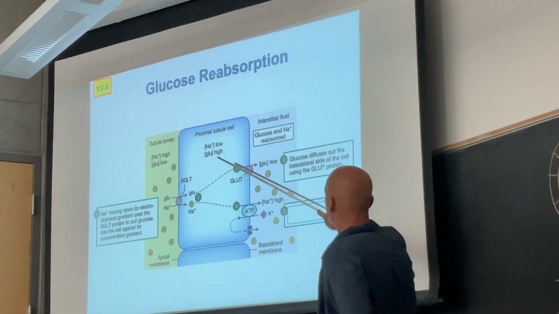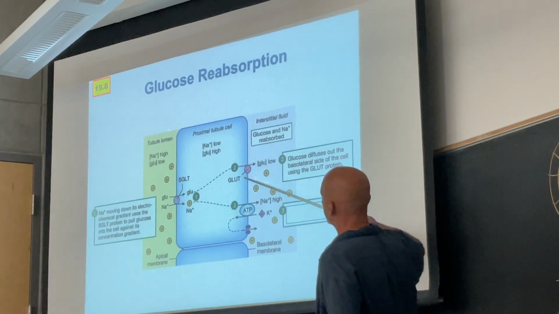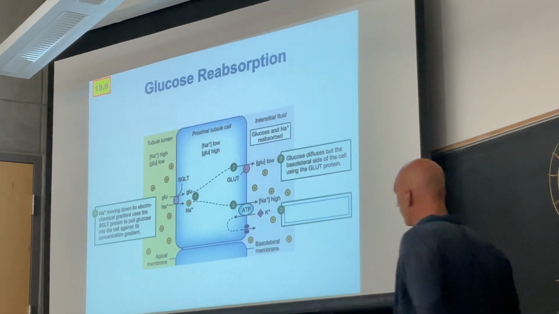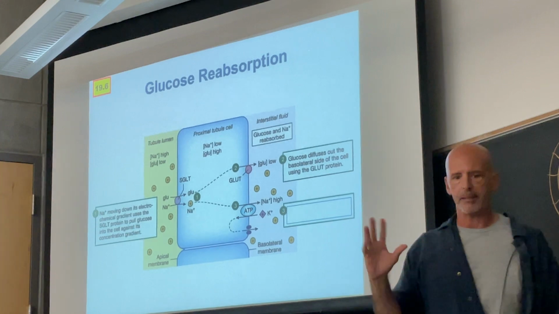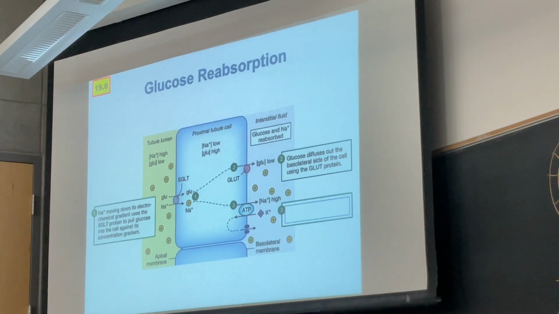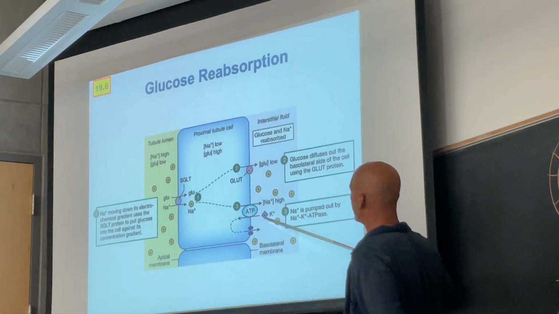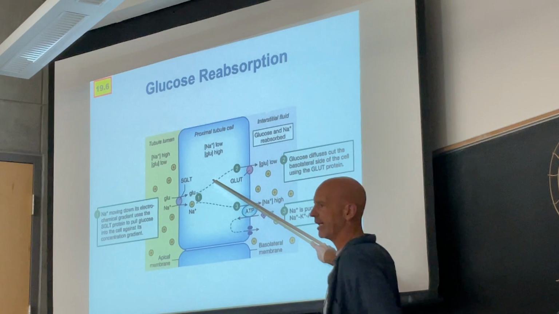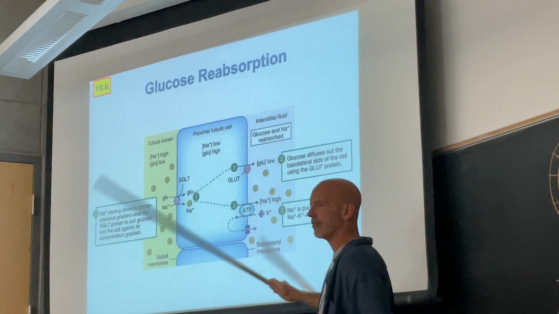On the basolateral side, glucose is just flowing from here, and there's a concentration difference between here and here. It's going to eventually get into the blood as well. But all this, again, is driven by that ATP pump, the sodium potassium pump pumping sodium out against its gradient to maintain this high to low gradient. So we always want sodium moving into the cell, and we're going to use that to drive all that other stuff.